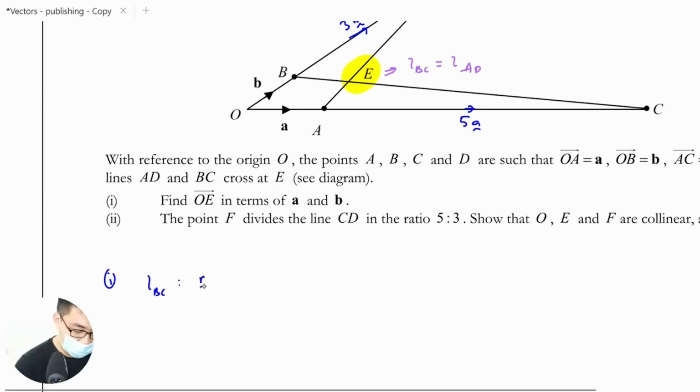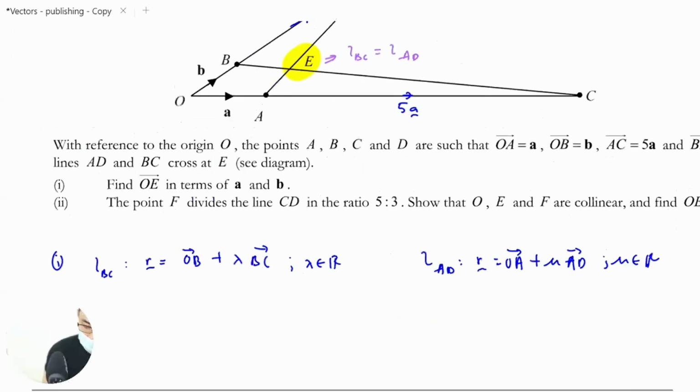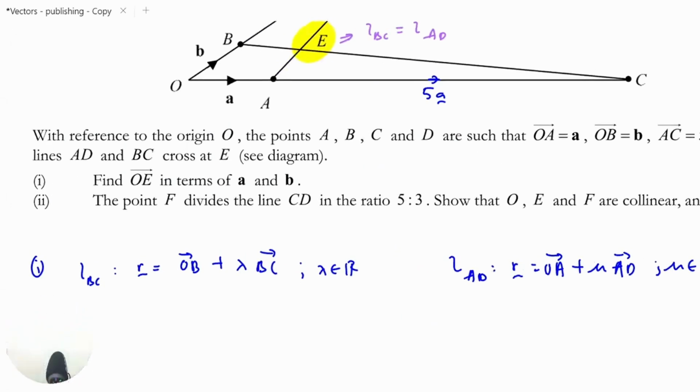LBC will be r equals to OB plus lambda BC. Then LAD will be OA plus mu AD. Okay, question. So BC is, what's BC?